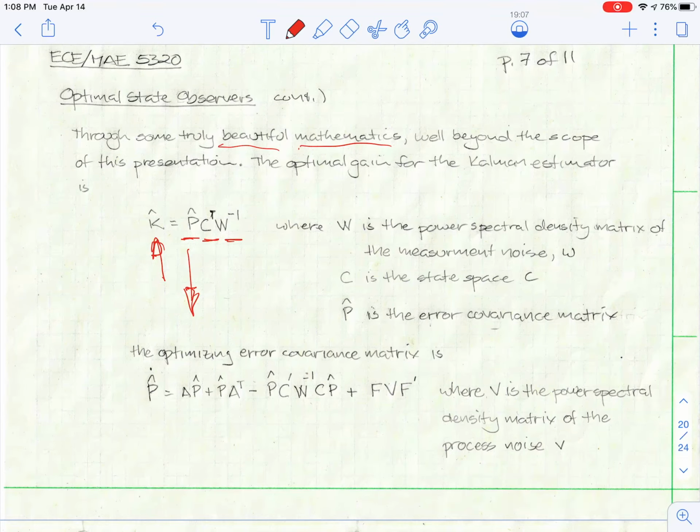However, the optimizing covariance matrix has these dynamics. This is the A matrix of your model of your system, and again, P hat is the optimizing error covariance matrix, and then you've got everything here.